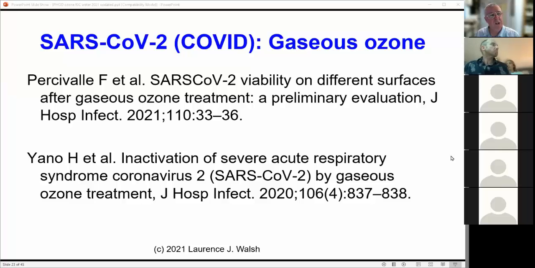Now, in reference to SARS-CoV-2, people have tested not only ozone in water, they've also just tested ozone in the air, often generated with a big bank of UVC lights. And there's actually been some really interesting research done on ways of doing that. The main problem in doing it that way is that you can't have any person or animal in the room, because the level of gaseous ozone you generate is at a sufficient level that it's not only irritant, it can also be toxic.